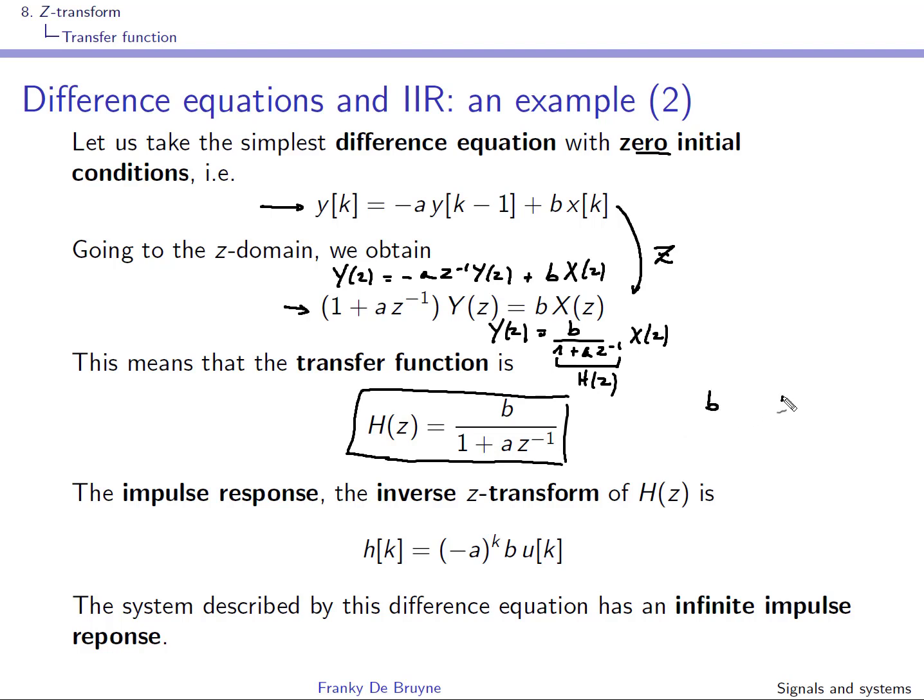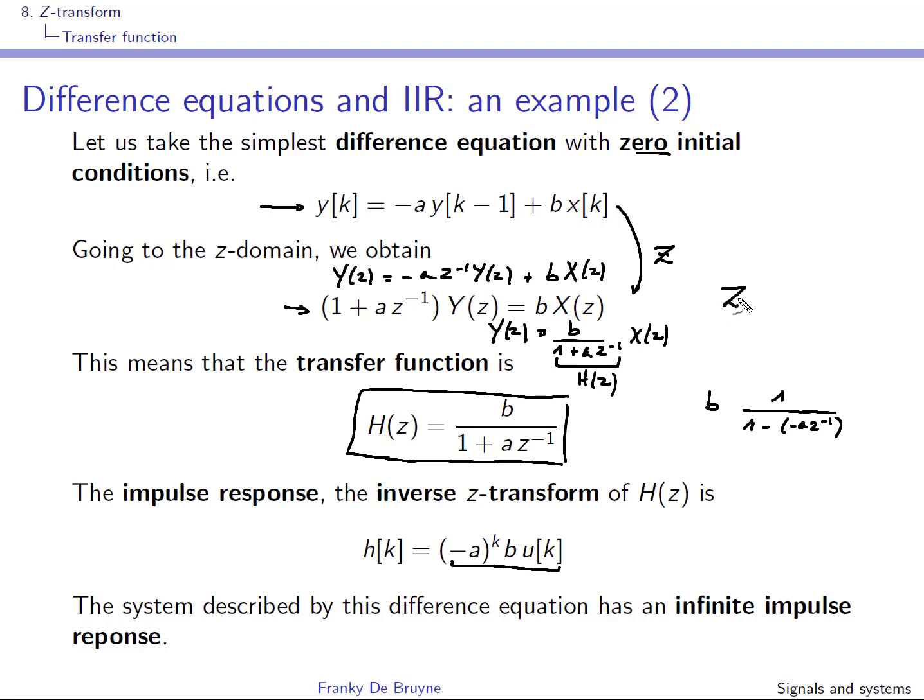It's b over 1 minus a z minus 1. And here you can see that now this is the z transform of the signal that is given over here.